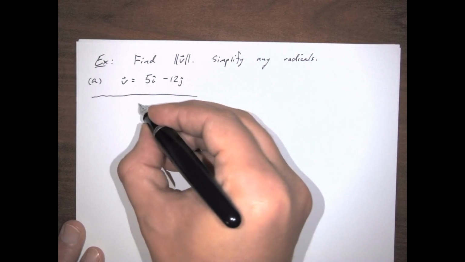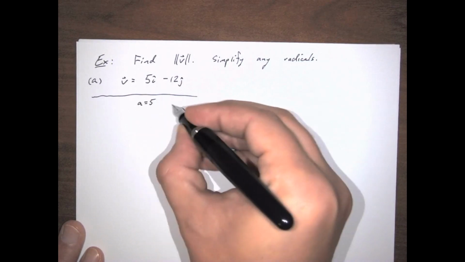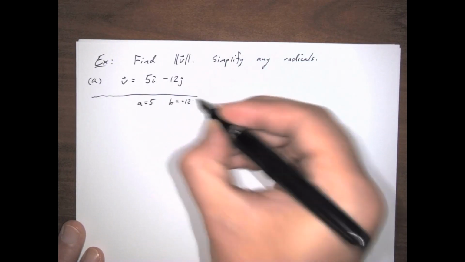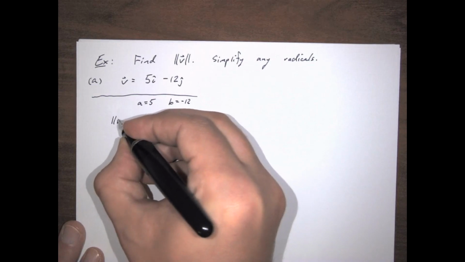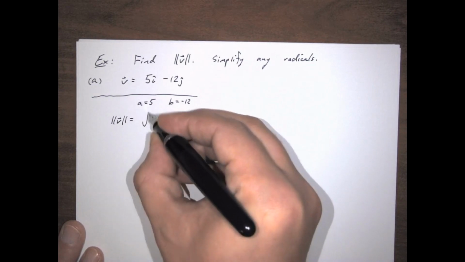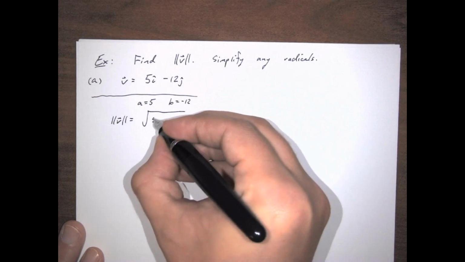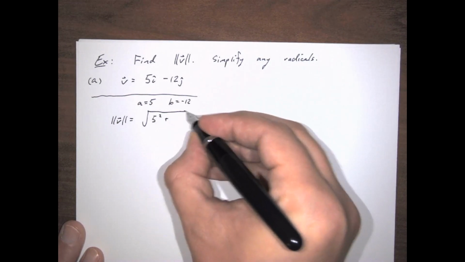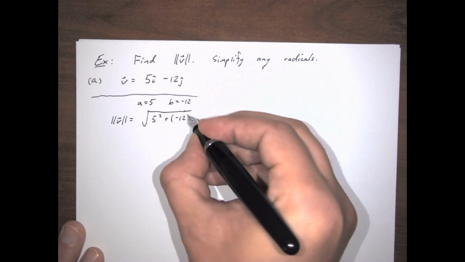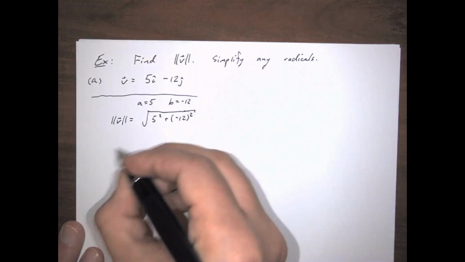Well, in this case, a equals 5, b equals negative 12, and so the magnitude of v is just going to be the square root of 5 squared plus negative 12 squared. Careful about parentheses when you've got negatives involved.